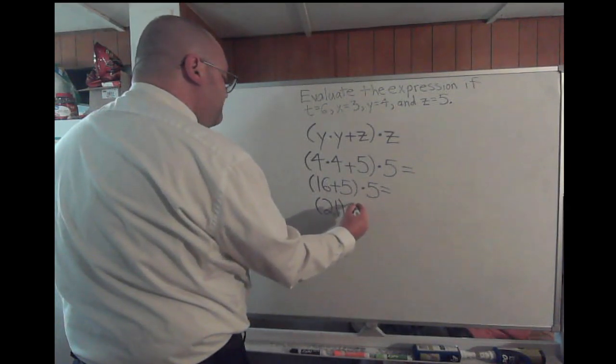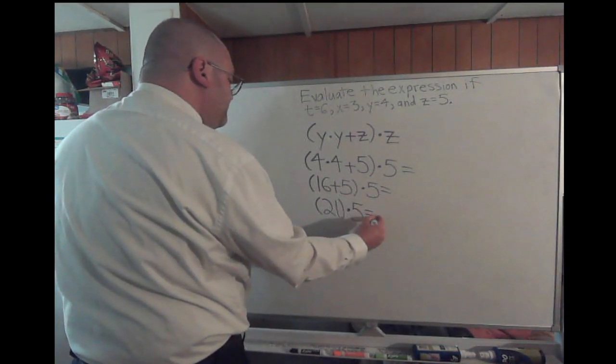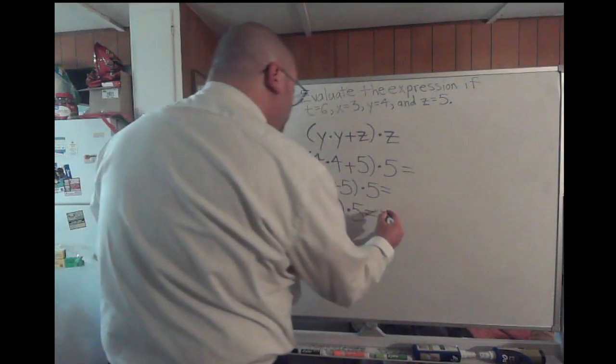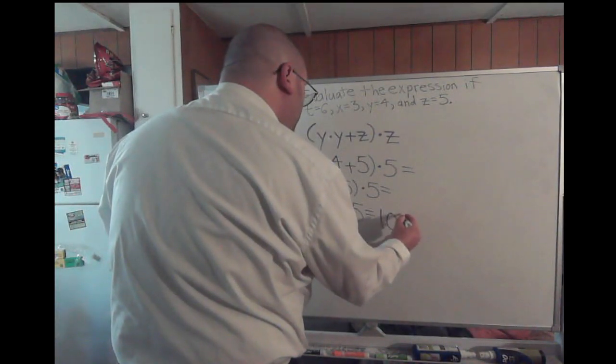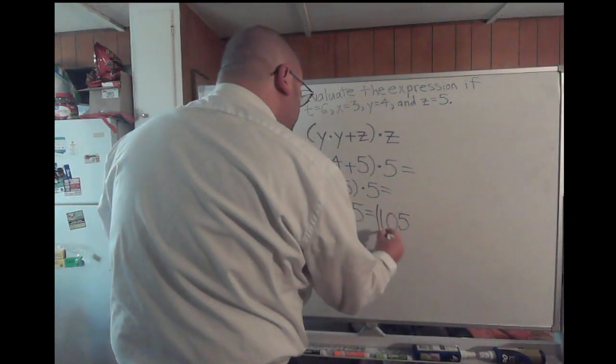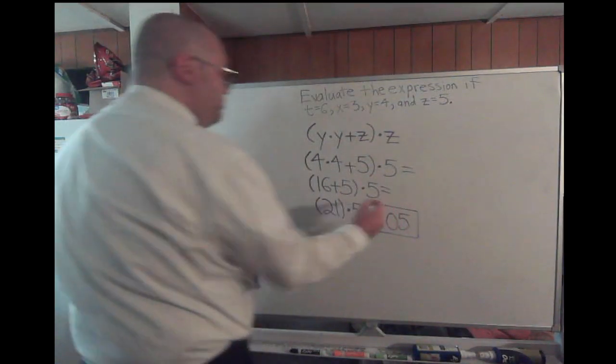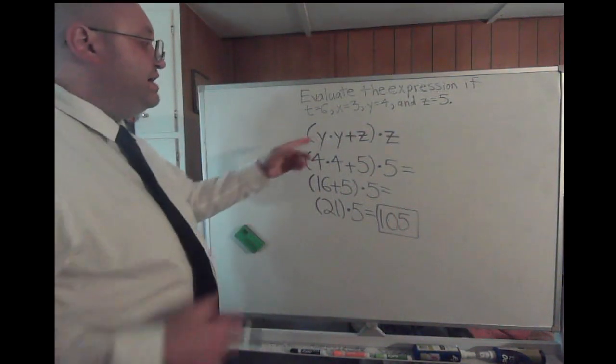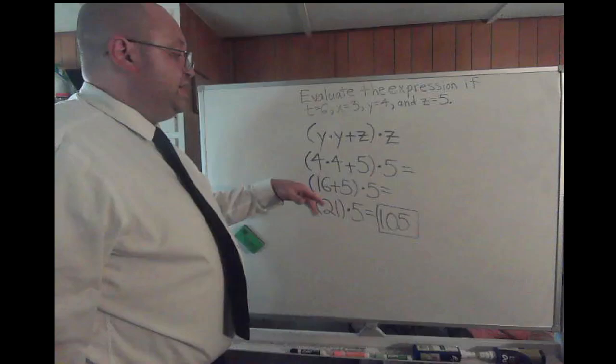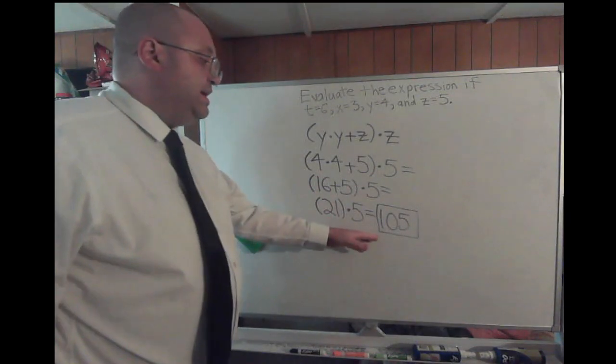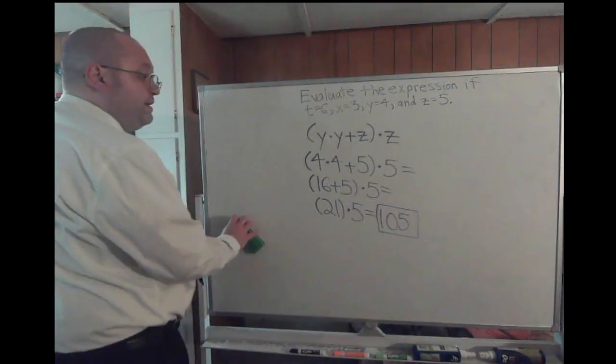So now you're just left with 21 times 5, which would equal 105. So after evaluating this algebraic expression, after sticking the values of the variables in and doing the order of operations, you get an answer of 105.